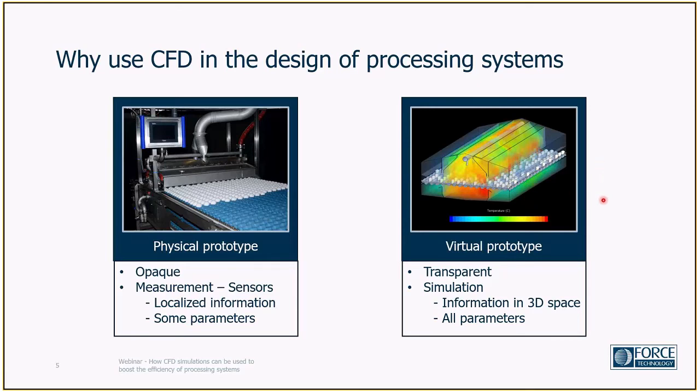So we have access to information in the entire 3D space of our system, and also to all the relevant parameters of the case that we want to analyze. So our virtual prototype is giving us a much better understanding of our real system, or the physical prototype, or product that we want to design.